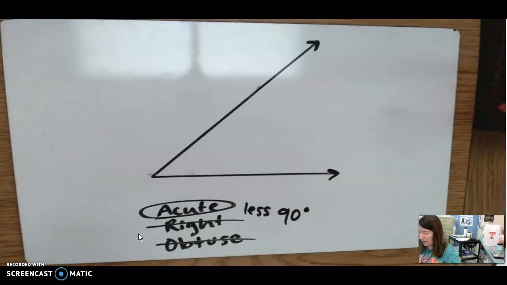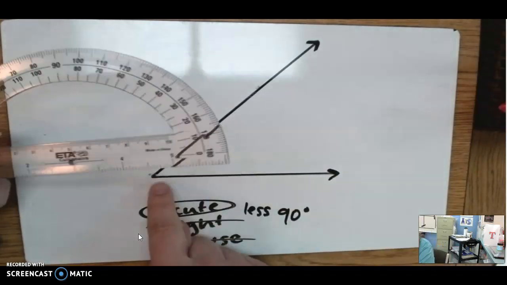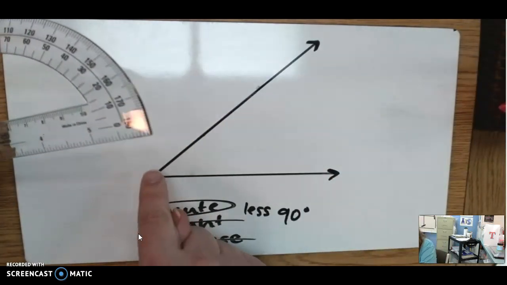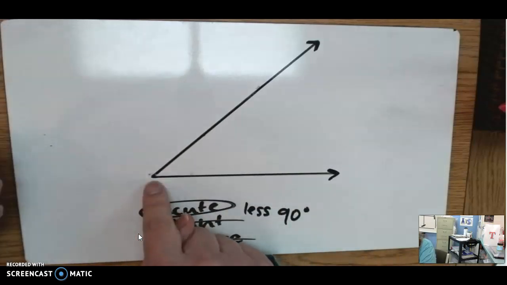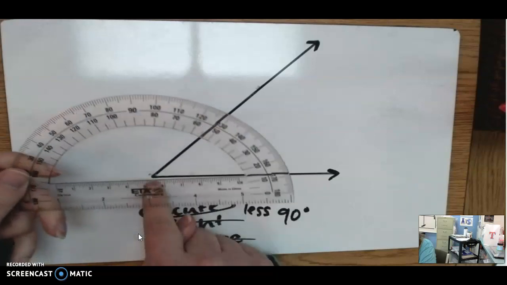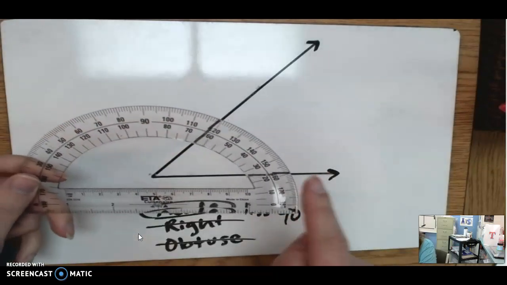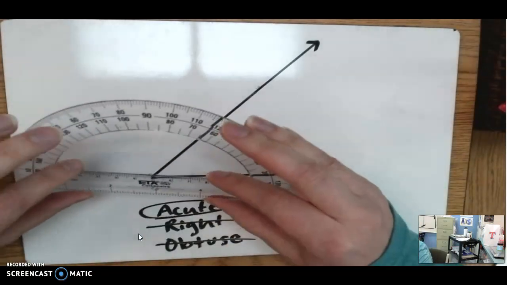So let's grab my protractor and take a look at this angle. Now this one, I flipped it, right? So we are still going to line the center up with the vertex of our angle, but this time we're going to start on the right side of our protractor. I'll show you how to use that.